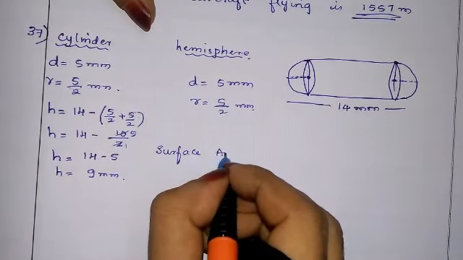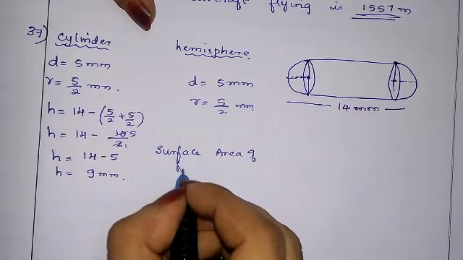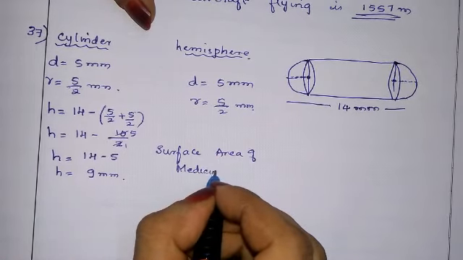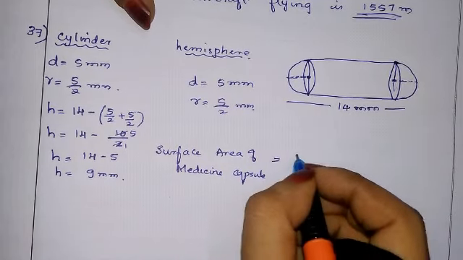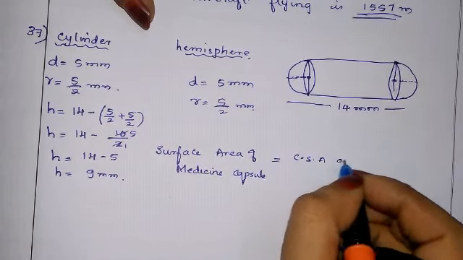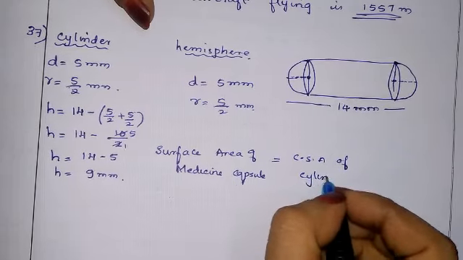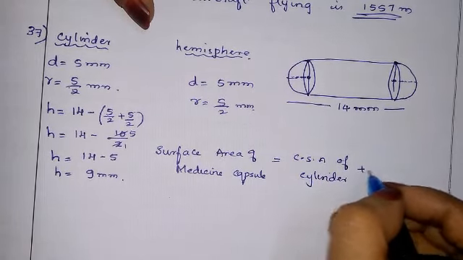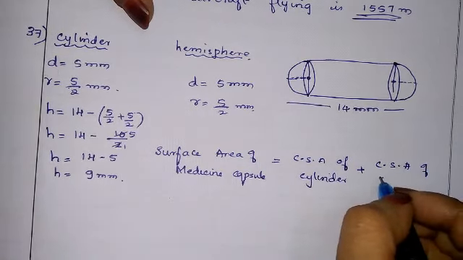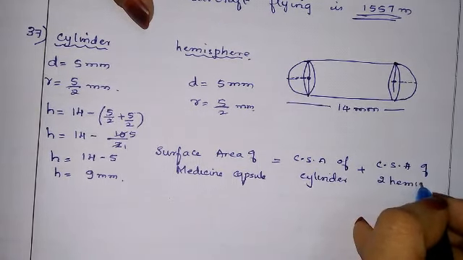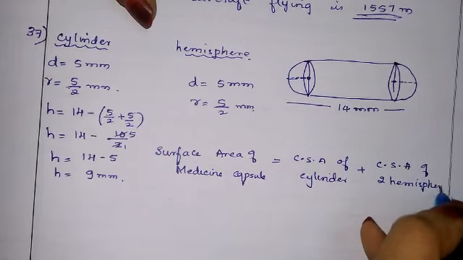Surface area of medicine capsule. Surface they have told na. CSA of cylinder plus CSA of two hemispheres. They have told there are two hemispheres attached.